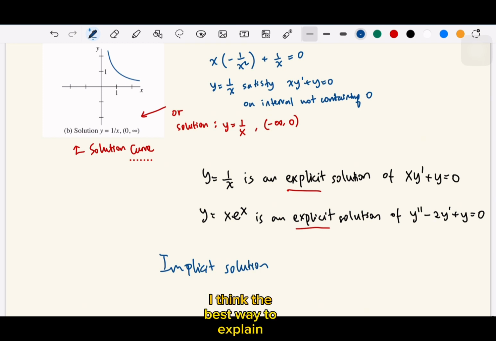And I think the best way to explain this is through examples. Okay? If you see the definition, it'll be a little bit complicated.